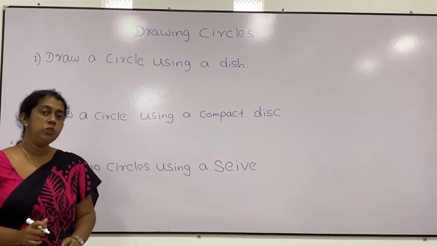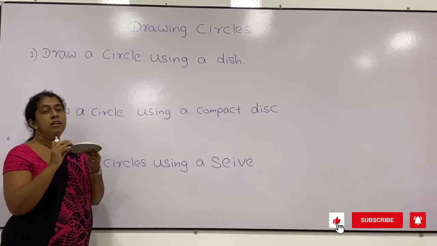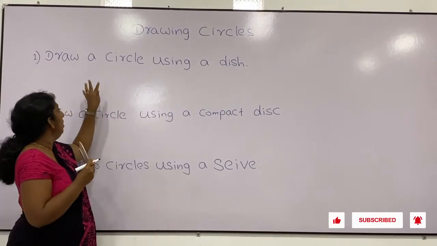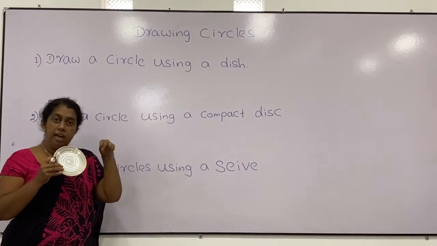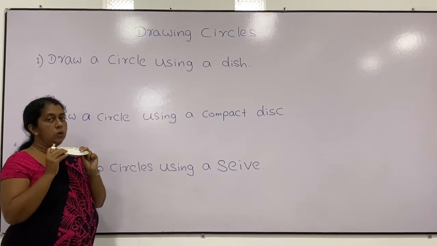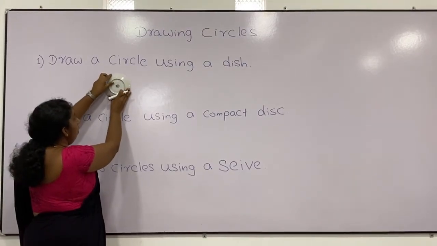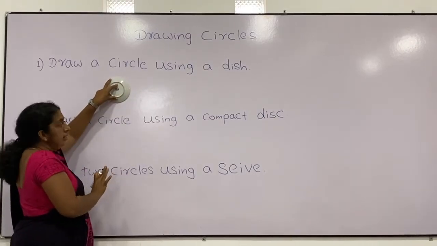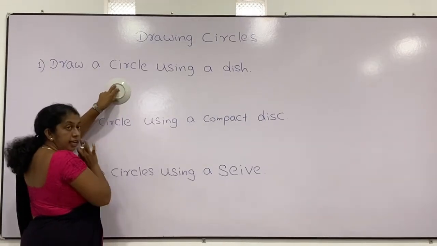Then what do you have to do? You take a dish and a piece of paper. Now I have to do this on my board, but you can do this on a paper, right? You keep this dish on the paper this way, and you have to touch it tightly.